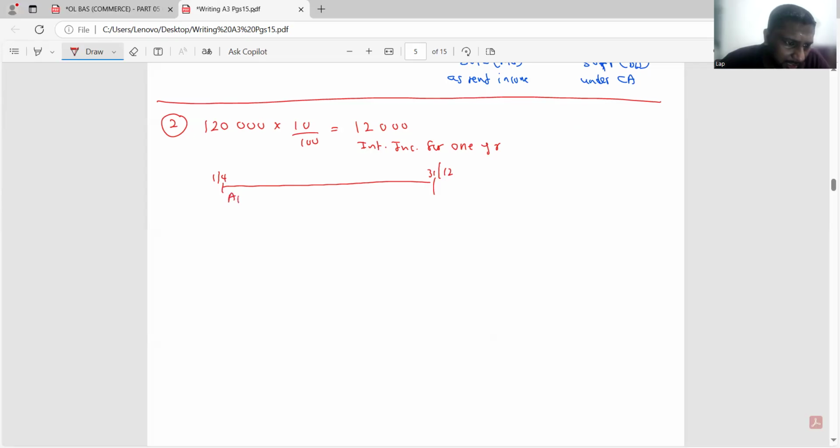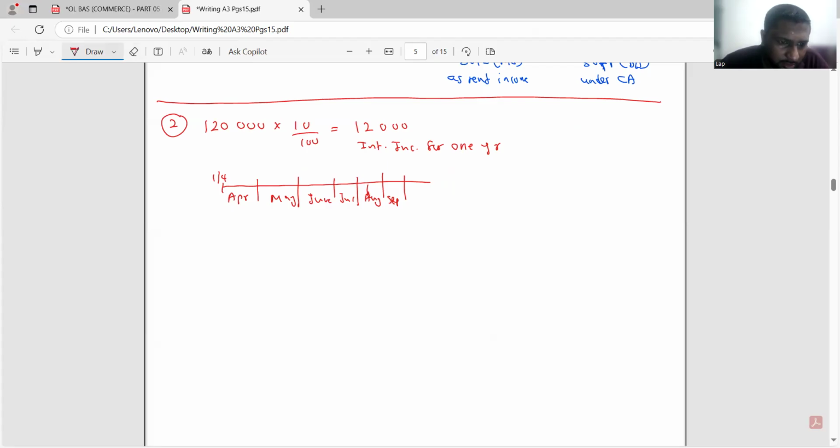That means you have the April month, May month, June month, July, August, September, October, November, December. 31st December. Then you are getting the interest, because this is the first day that you open the account, so from this day onwards they have to give interest.